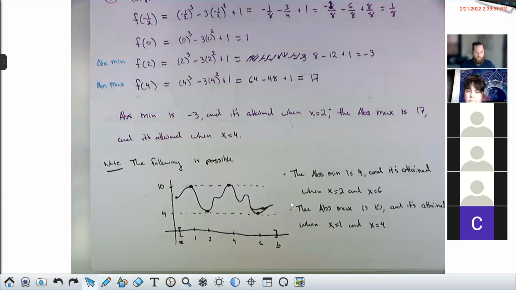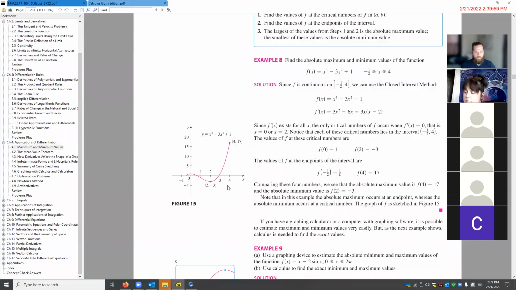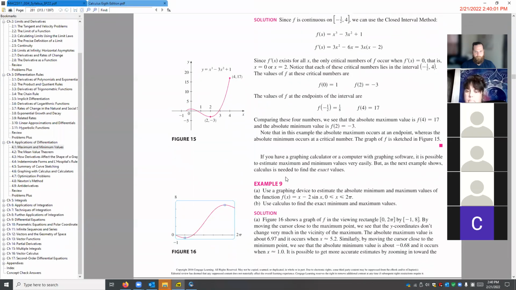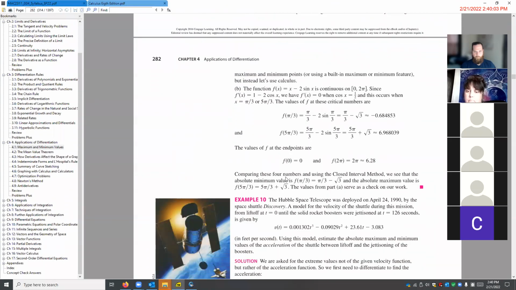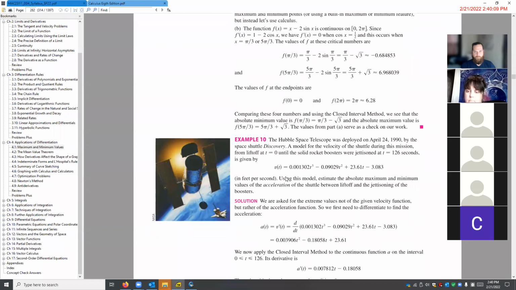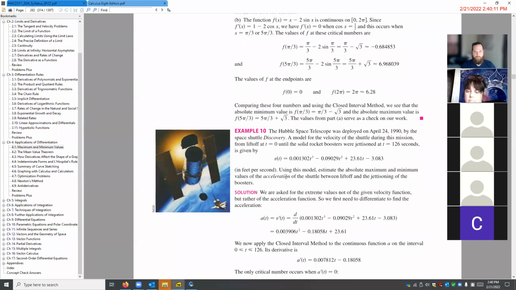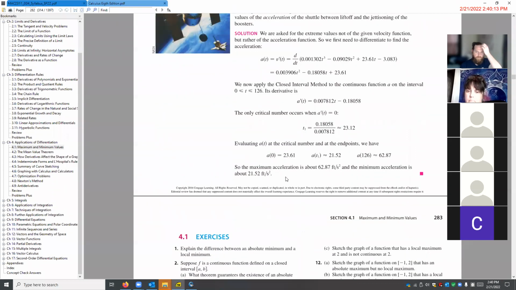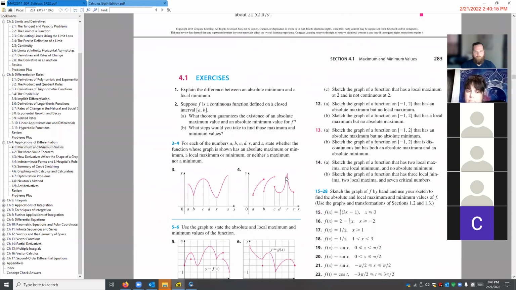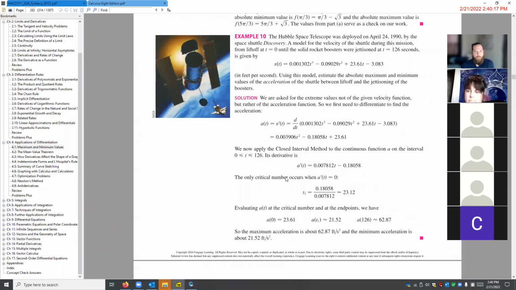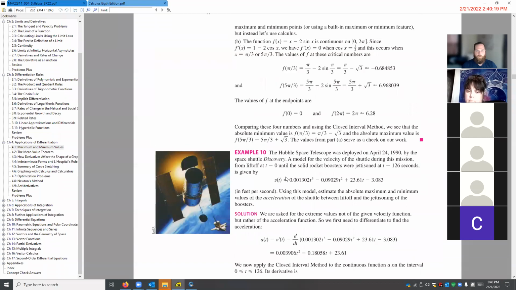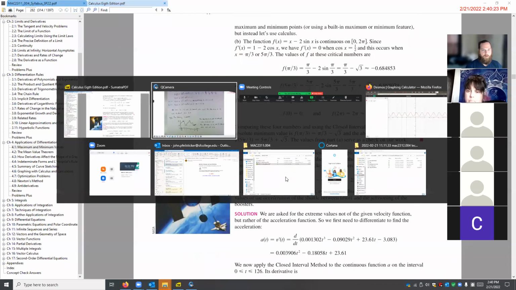Let's try something a little more subtle. I guess we'll work the trig example here. There's nothing wrong with that. Always need more practice with this. So how about x minus 2 sine x on 0 to 2 pi?